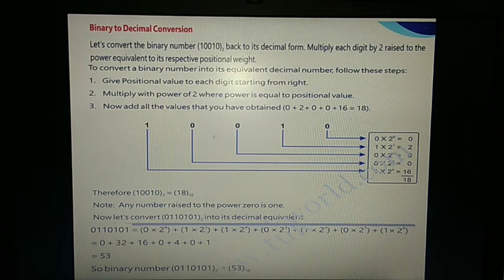This positional value will be the power. Multiply with power of 2 where the power is equal to the positional value. Now add all the values that you have obtained.